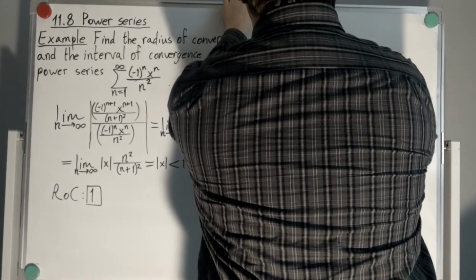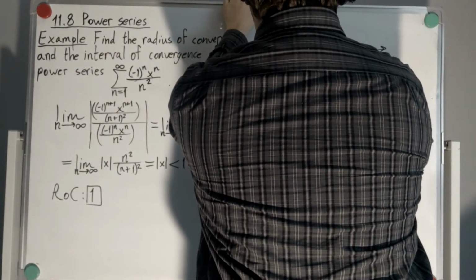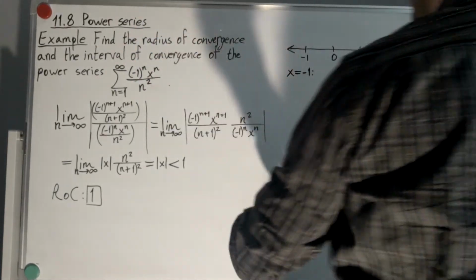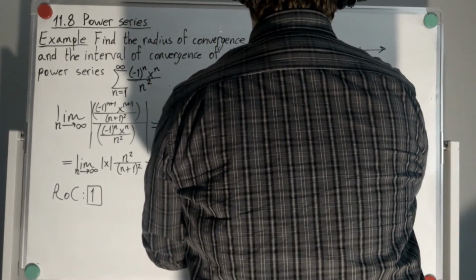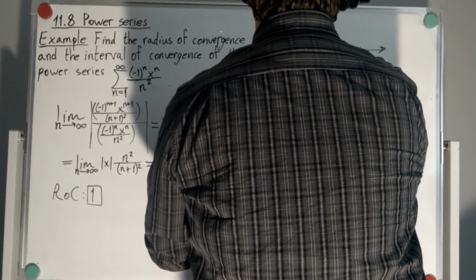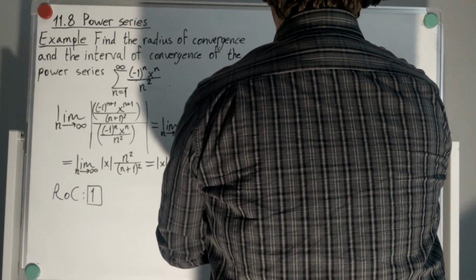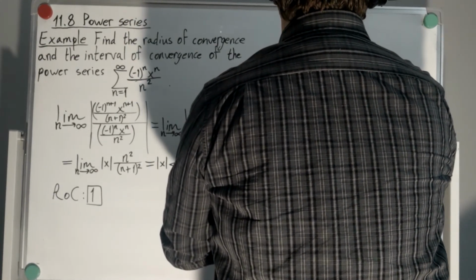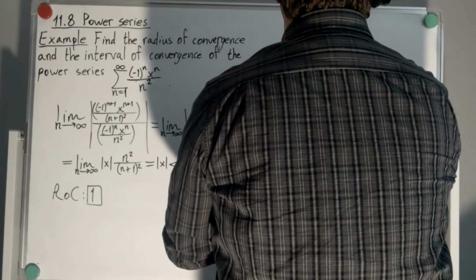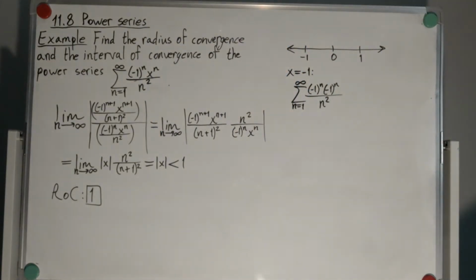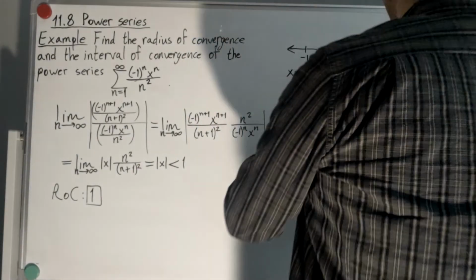Well, let's see. If x equals -1, then this turns into the sum from n equals 1 to infinity of (-1)^n times (-1)^n divided by n^2. (-1)^n times (-1)^n is 1.